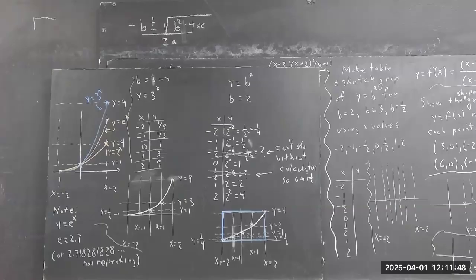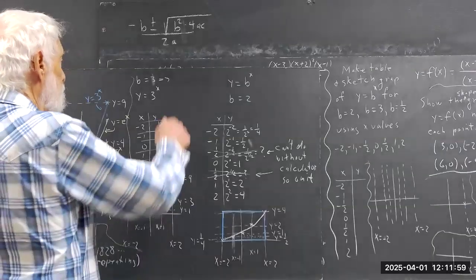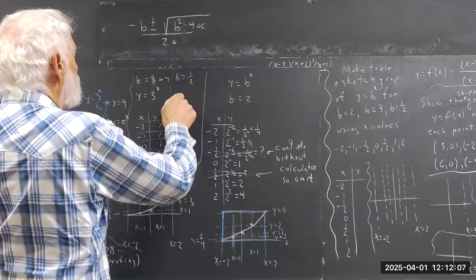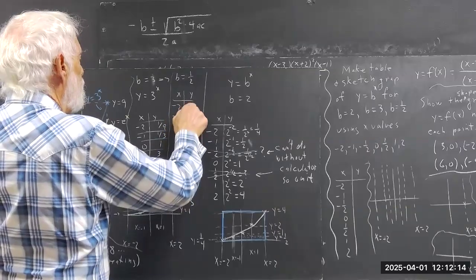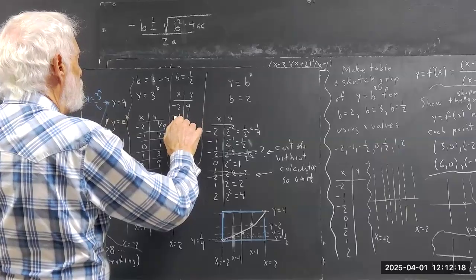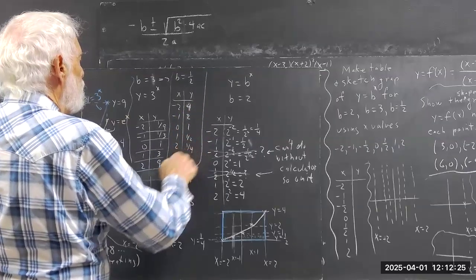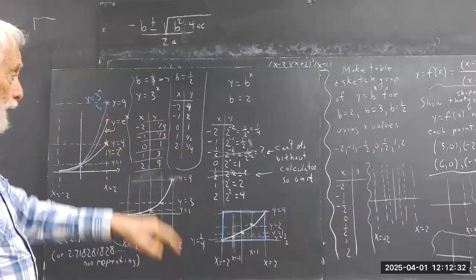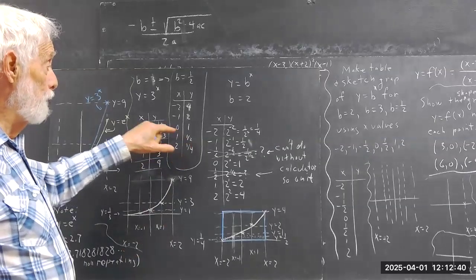One half squared is 1/2 times 1/2, and that's 1/4, right? 1/2 to the 1 power is 1/2, 1/2 to 0 is 1.